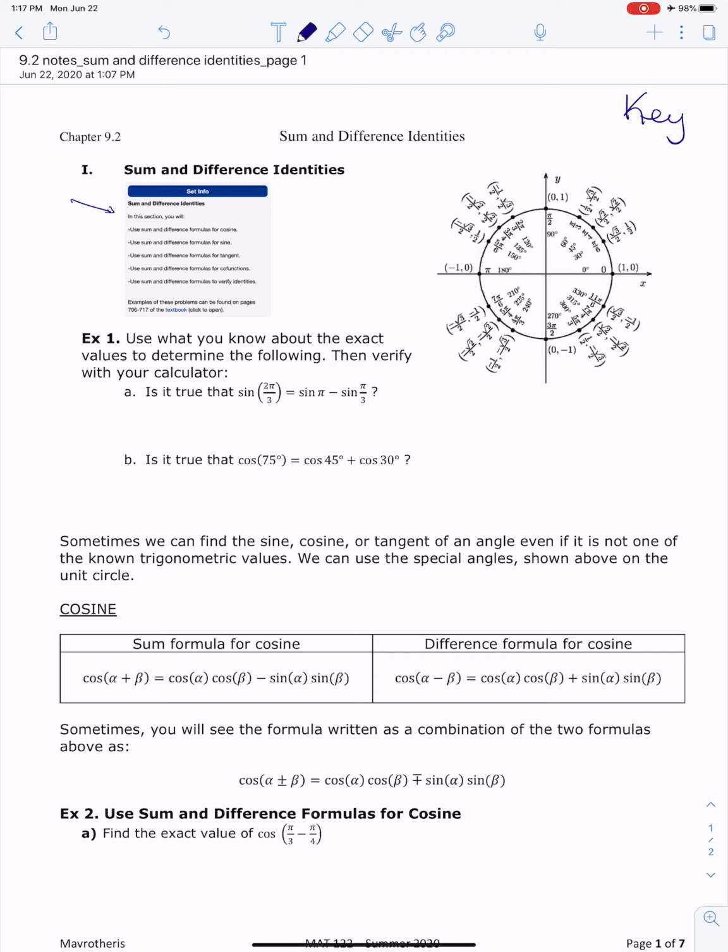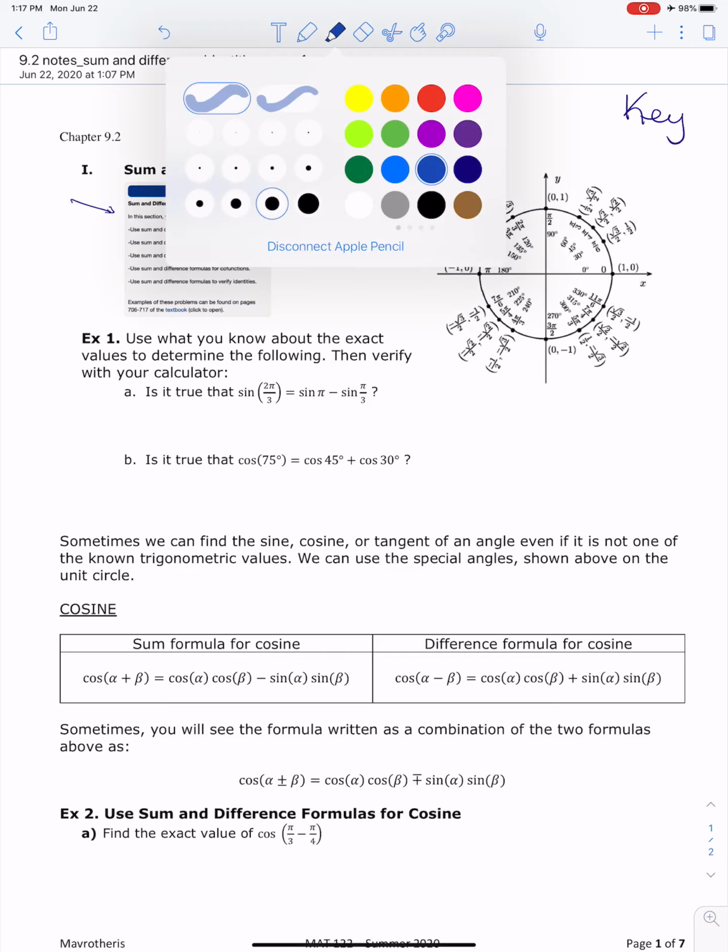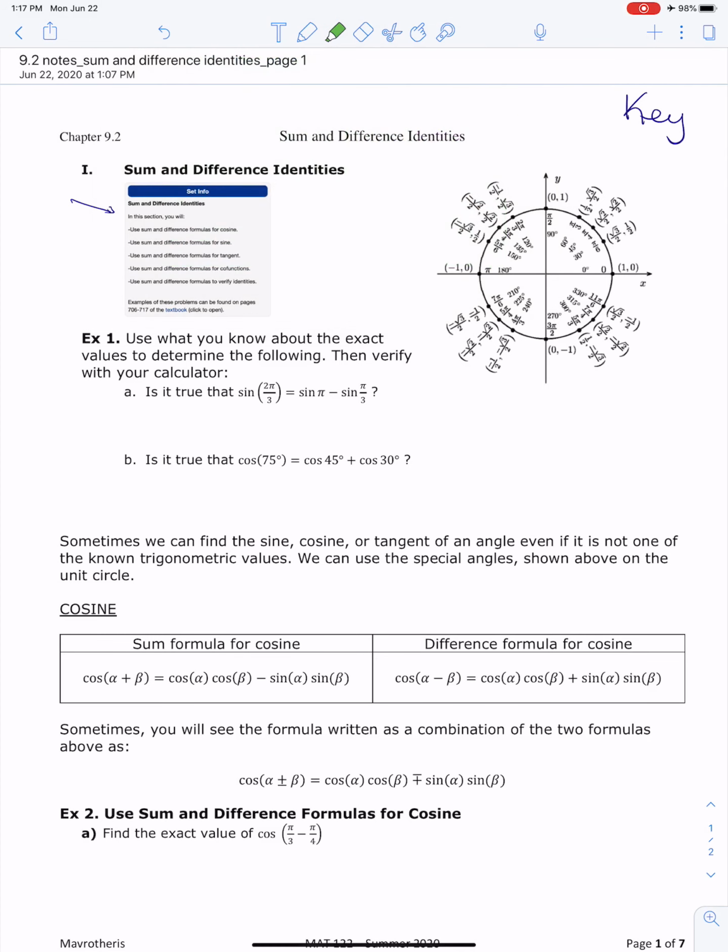The sine of 2 pi over 3, if we are taking a look at our unit circle here, here's our 2 pi over 3. The sine is the y coordinate, so the sine of 2 pi over 3 is the square root of 3 over 2. We want to see if this is equal to the other side. And so we've got the sine of pi. Here's our pi. Again, the sine is the y coordinate. And so we get 0.